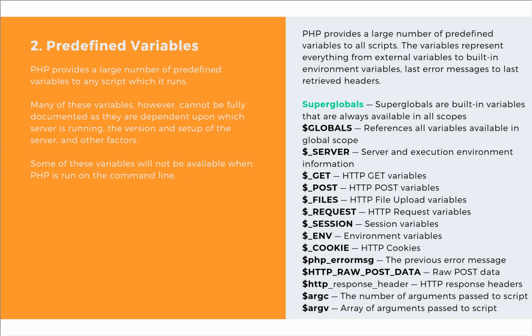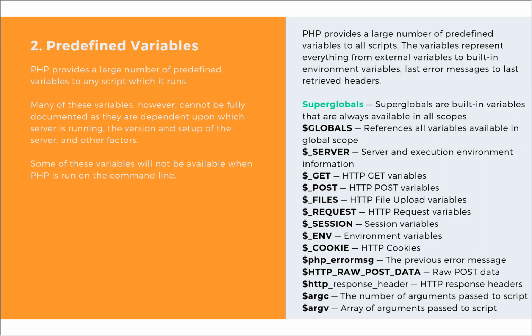So moving on, we have predefined variables. PHP provides a large number of predefined variables to any script which it runs. Many of these variables, however, cannot be fully documented as they are dependent upon which server is running, the version and setup of the server, and other factors. Some of these variables may not be available when PHP is run on the command line.